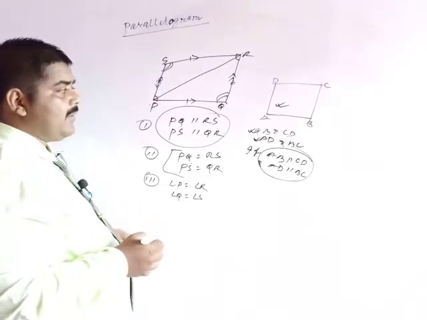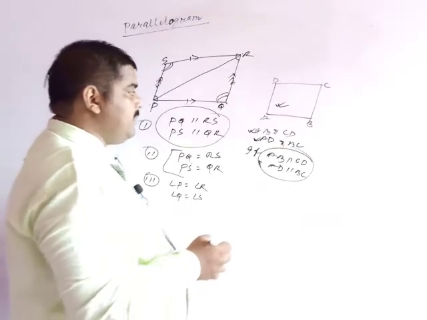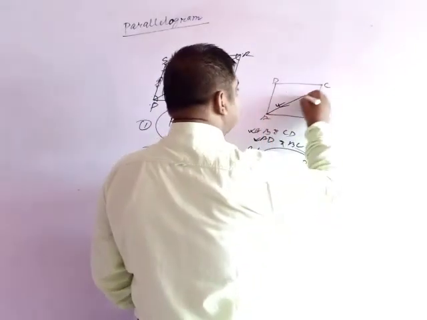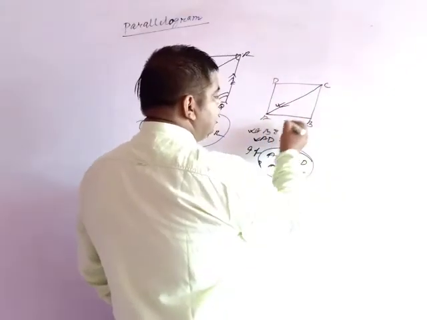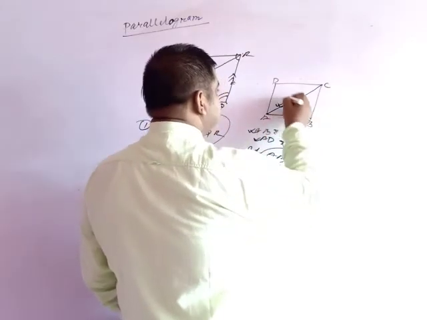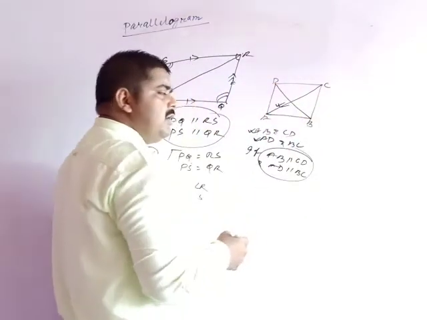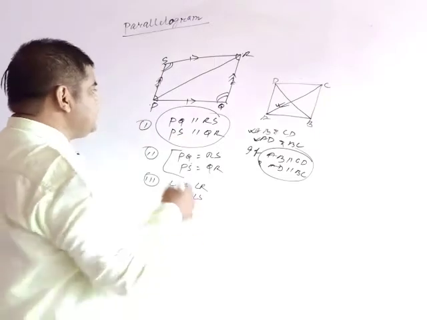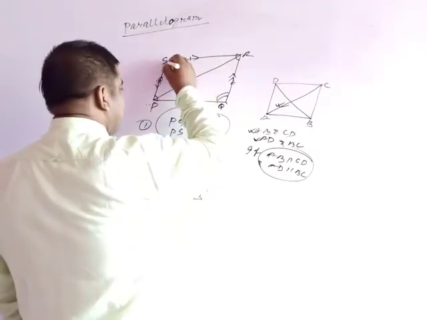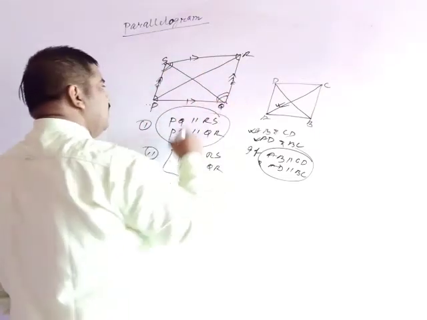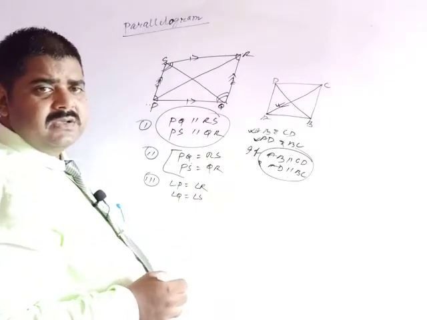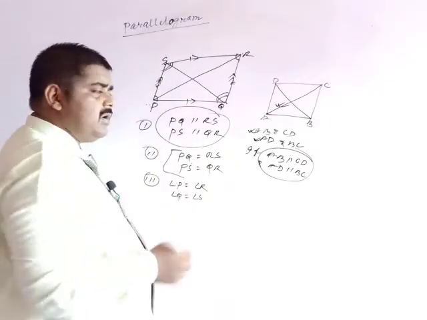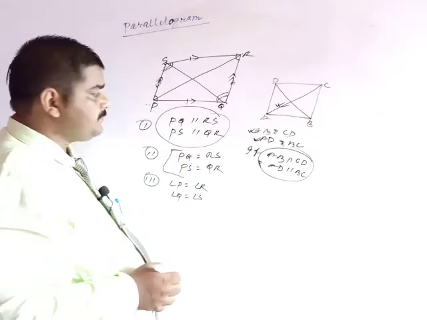And how many diagonals in a quadrilateral are possible? Two diagonals are possible. In the earlier figure, AC and BD are the two diagonals. In this case, PR and SQ are the two diagonals of the parallelogram.